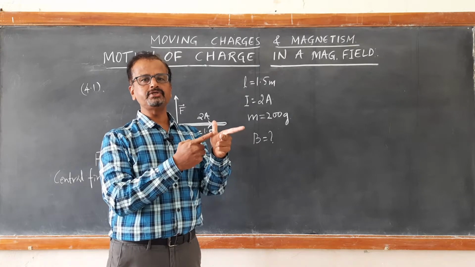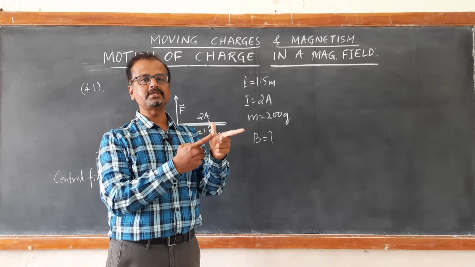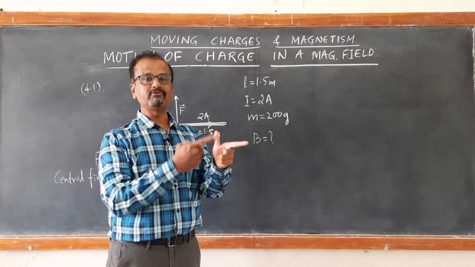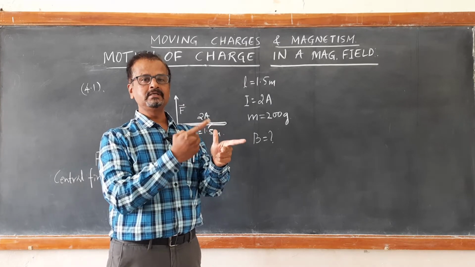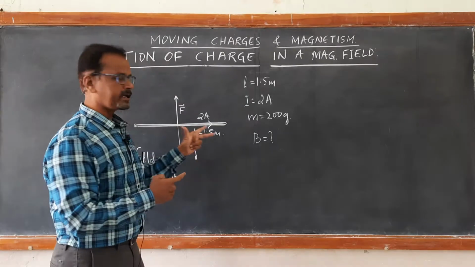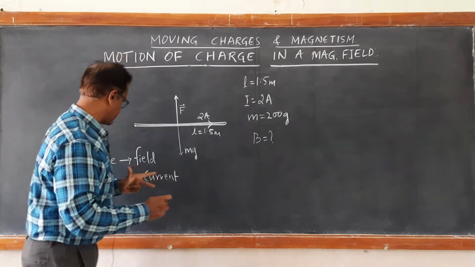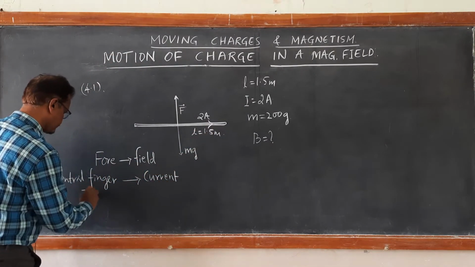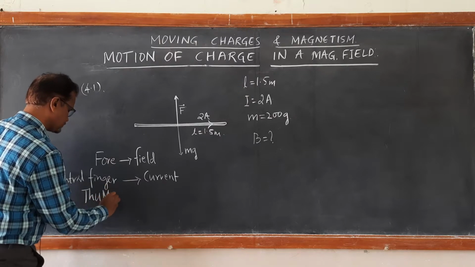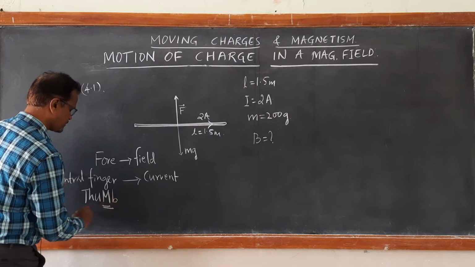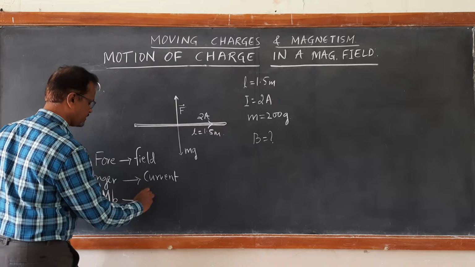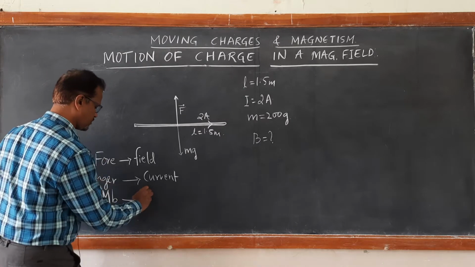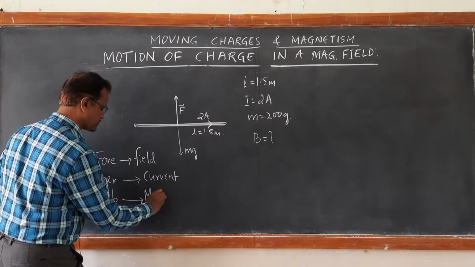Thumb, T-H-U-M-B, M, stress on M. M for mechanical force, the mechanical force experienced by a current carrying conductor in the magnetic field. So, I am writing M capital so that you can understand magnetic force or mechanical force.